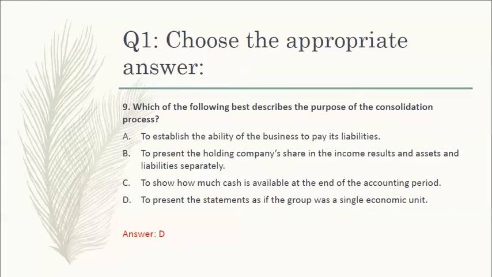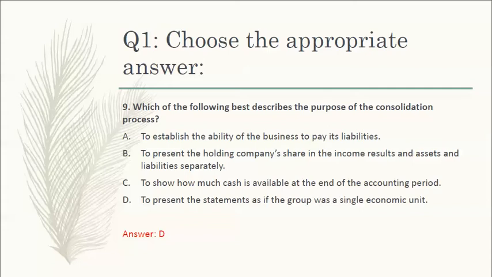Next question. Which of the following best describes the purpose of the consolidation process? First choice, to establish the ability of business to pay its liability. Second choice, to present the holding company's share in the income results and the assets and liabilities separately.